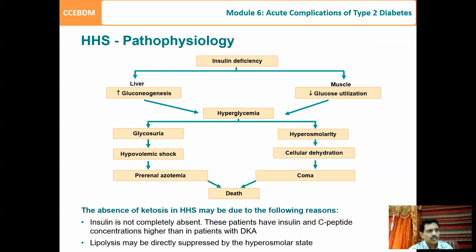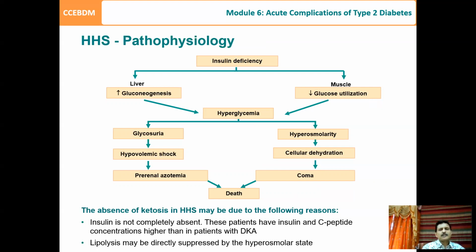But because there is an insulin deficiency, there is hyperglycemia and glycosuria, and once there is glycosuria, a lot of water comes out, and there will be hypovolemia, which leads to hypovolemic shock, prerenal azotemia, the urea and creatinine go up, and that can lead to death.